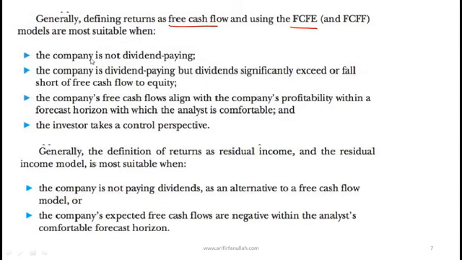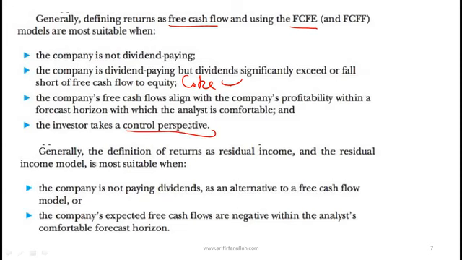So use this when the company is not dividend paying. When the company is dividend paying, but dividends significantly exceed or fall short of free cash flow to equity. So the Coke example, for example, you could use free cash flow based valuation. The company's free cash flows align with the company's profitability within a forecast horizon in which the analyst is comfortable, and you take a control perspective.